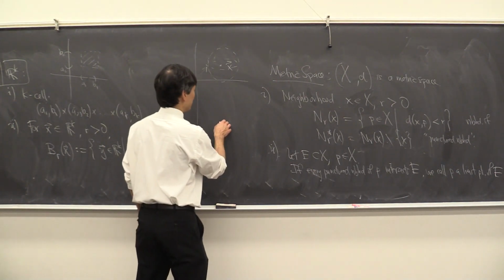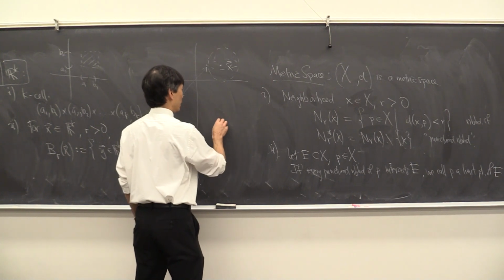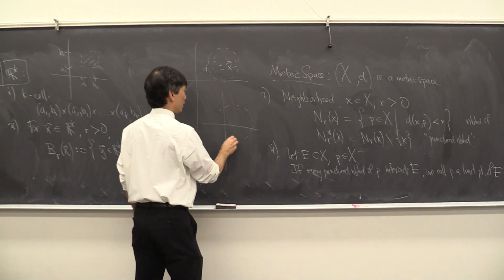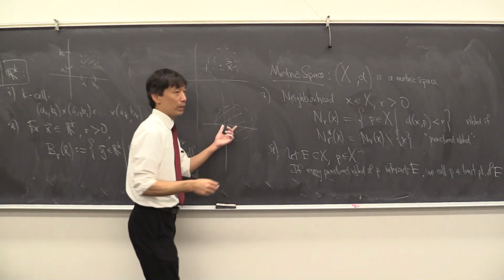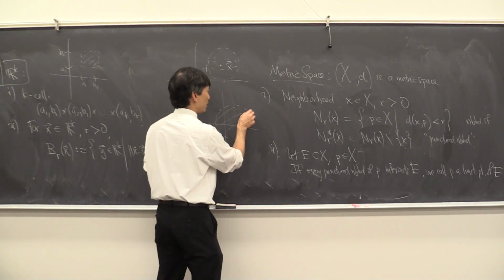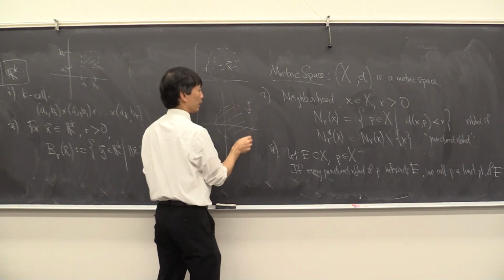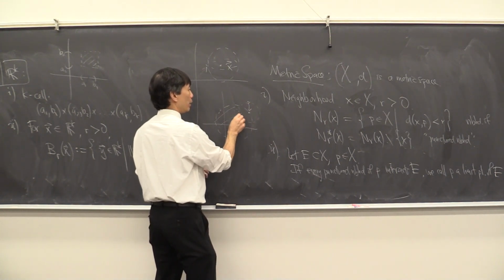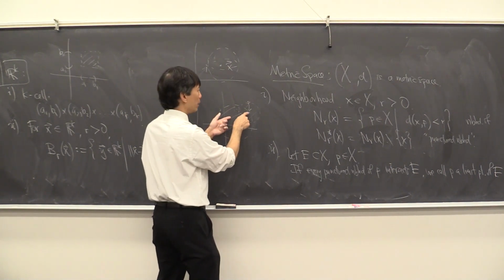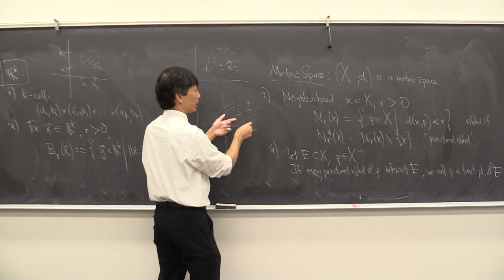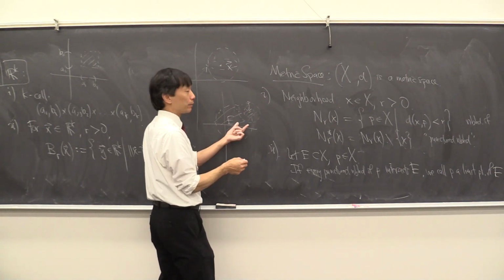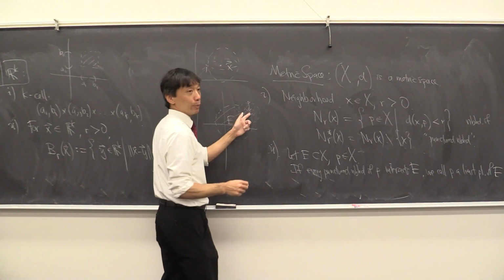So, like, if I'm in R^2, suppose I have just the open disk. I take a point p on the boundary here, and you notice that no matter what punctured neighborhood I take, I always intersect E. It keeps on intersecting E. So that means that this point is a limit point.